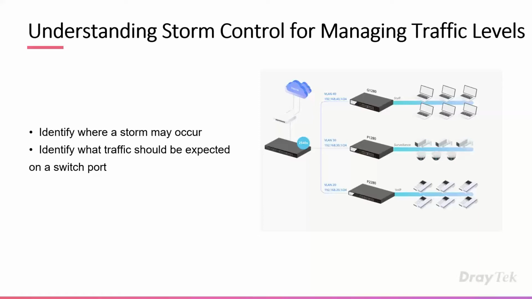Also very important is to identify what traffic should be expected on a switch port. For instance, are we expecting heavy streaming on that port, or data transfer between a network storage and a device connected to that port? Guys, if you don't know what kind of traffic is to be expected on a switch port, you should skip this feature altogether, since it might not be suitable for all environments.